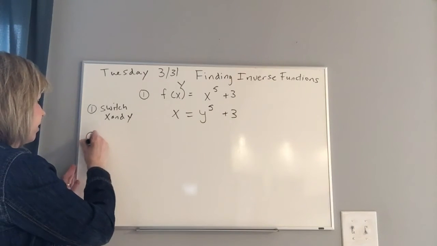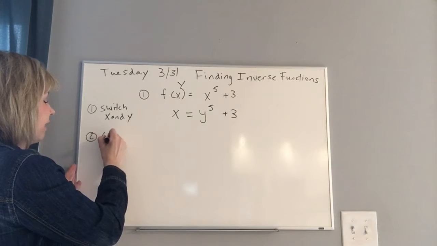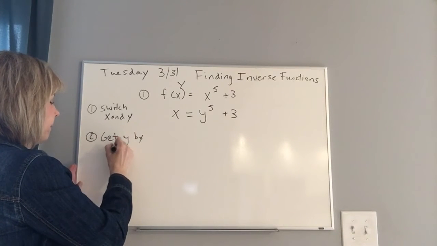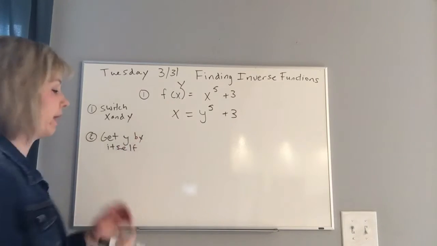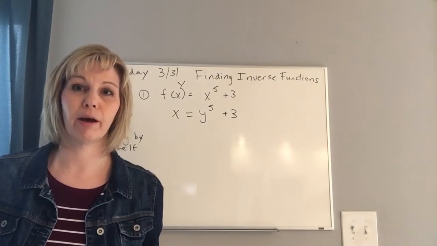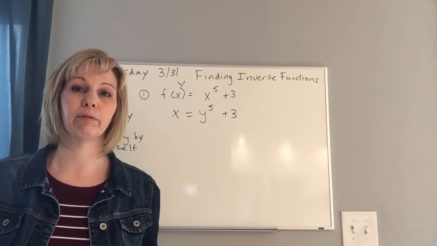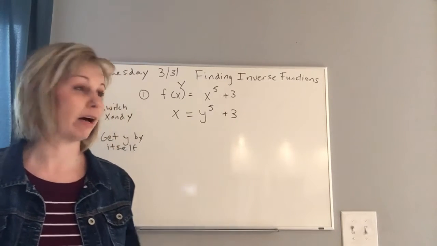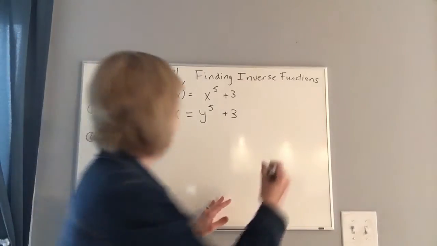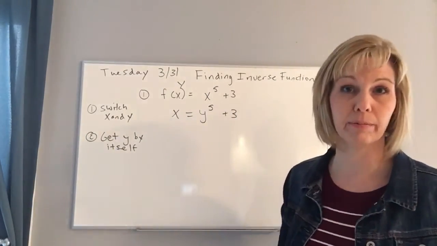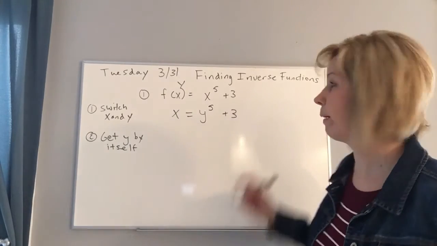And then the second thing you're going to do is get y by itself. Basically we know our equation needs to be a y equals equation. So we're going to undo what's happening in the problem by getting y by itself. Think about the order. If we're actually solving a problem, we'd follow order of operations.